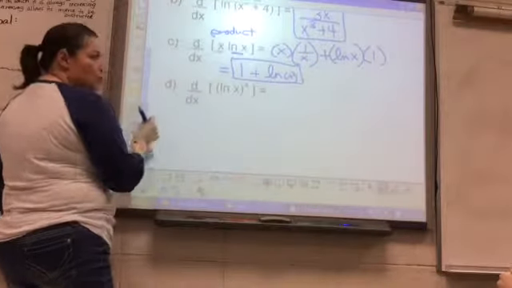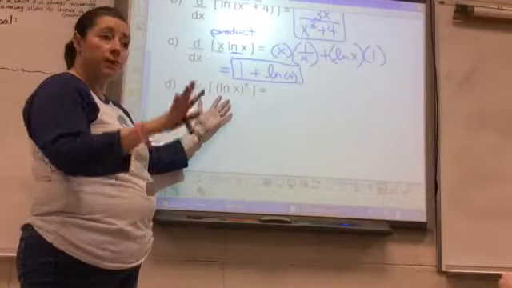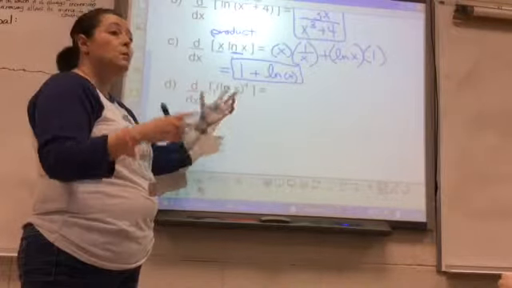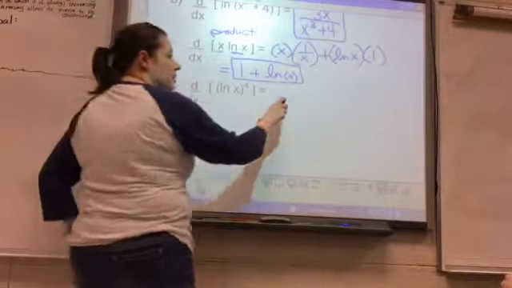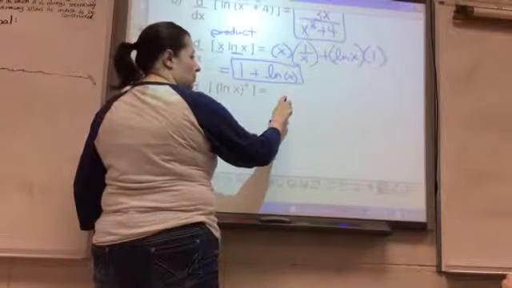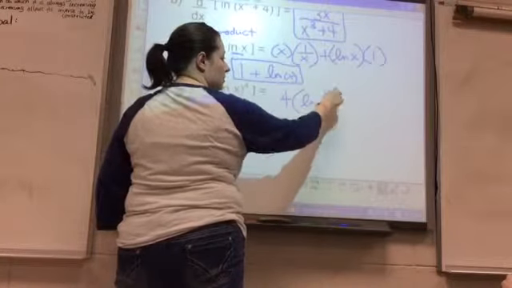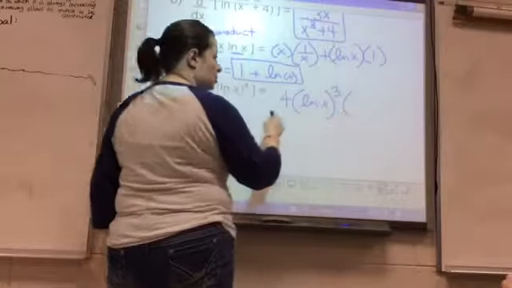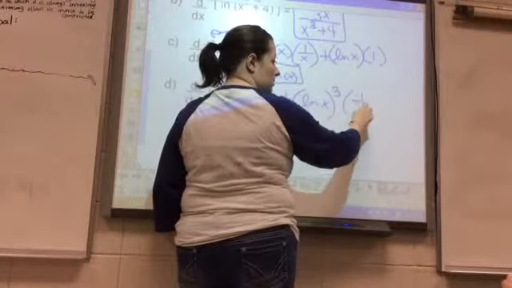All right. So now, what are we thinking here? Chain. Very good. We've got a chain rule, but within the chain rule, we're going to do the ln. So chain rule: 4 times ln, times the derivative of the inside. 1 over x.